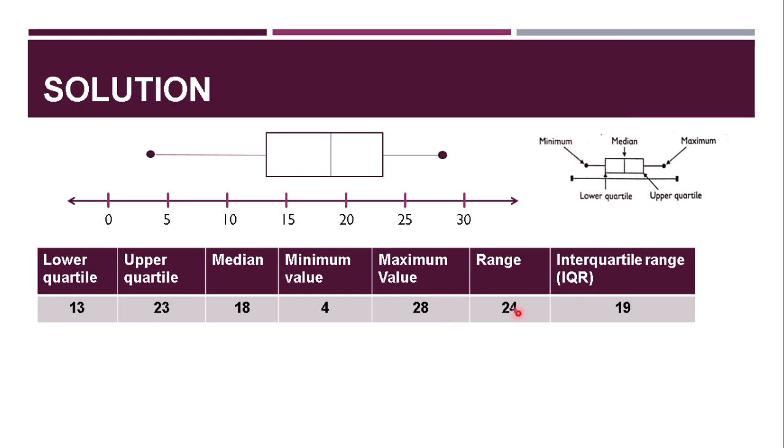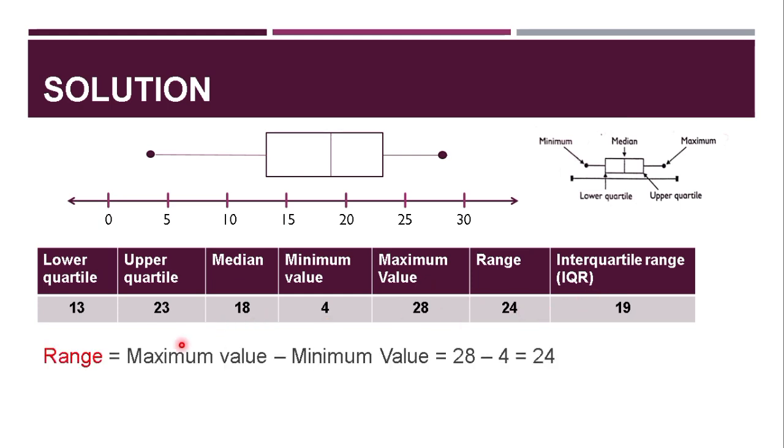Now the range is equal to the maximum value minus the minimum value. From our box plot, the maximum value is 28 and the minimum value is 4. So 28 minus 4 is equal to 24.